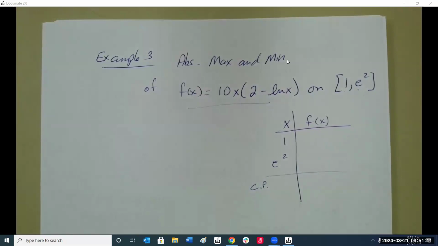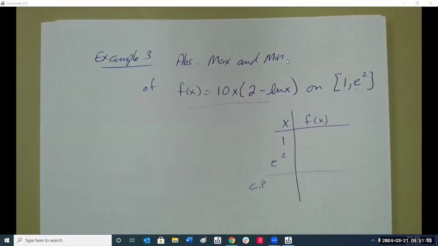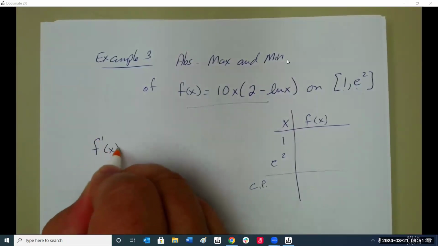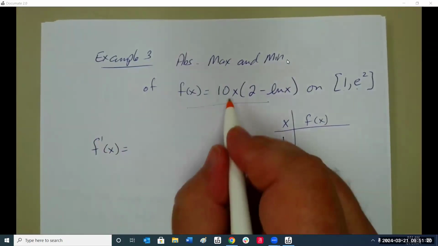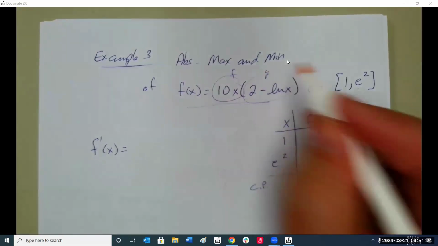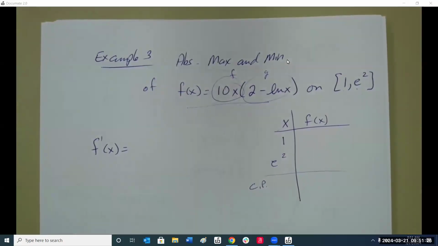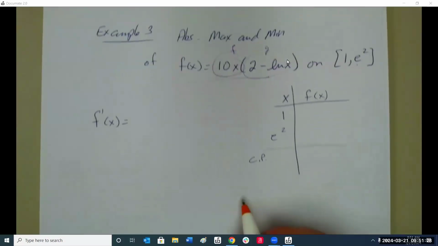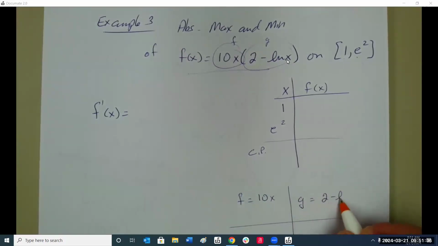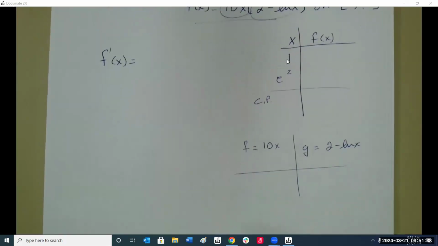So how do we find the critical points? Take the derivative of the function. Here we have to use the product rule, f and g. So f is 10x, g is 2 minus ln x.